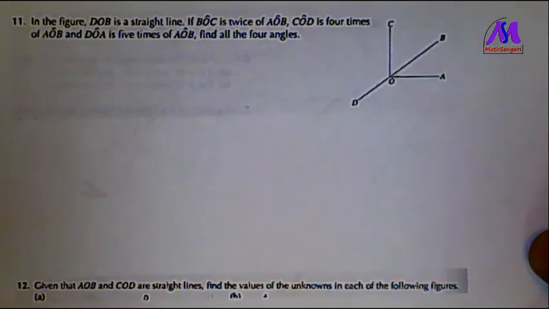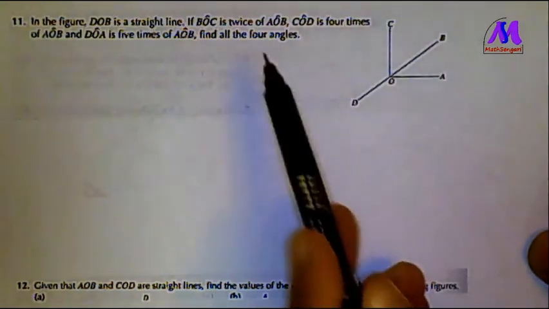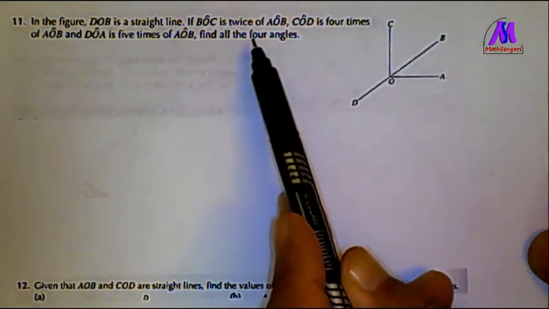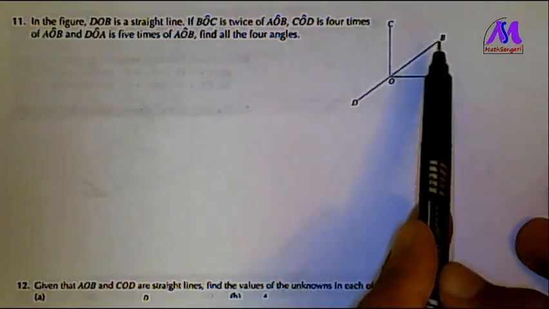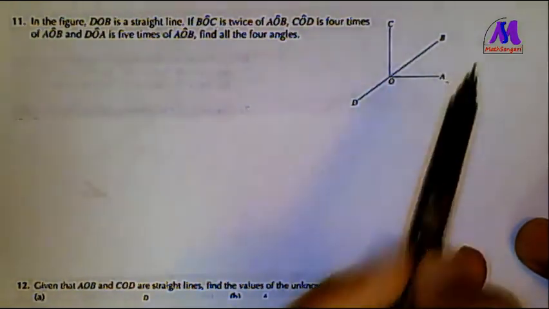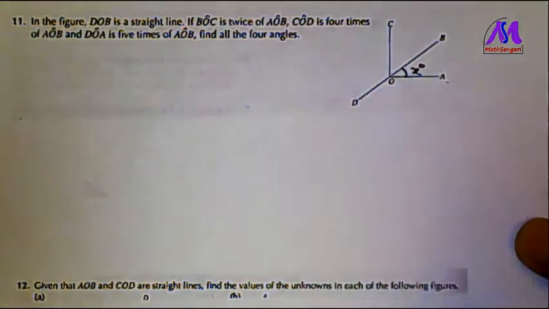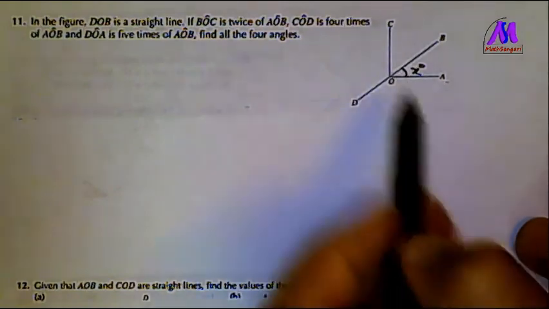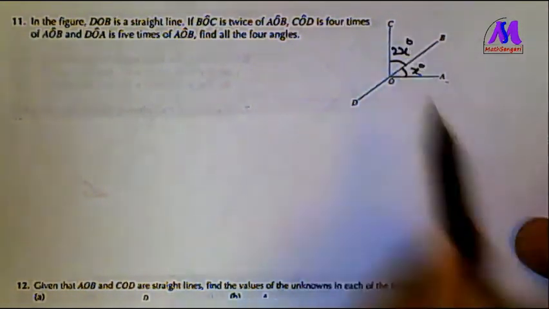Question number 11. In the figure, DOB is a straight line. If BOC is twice AOB, first consider, for example, AOB as x degree, and BOC is twice, so that angle will be 2x degrees.